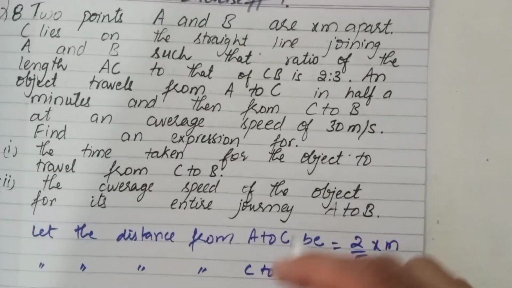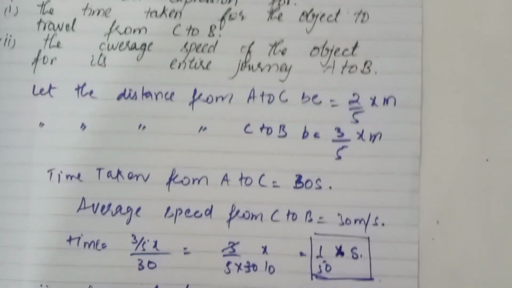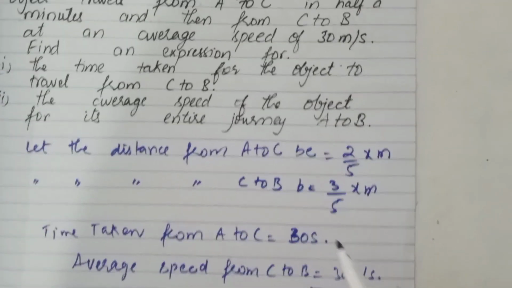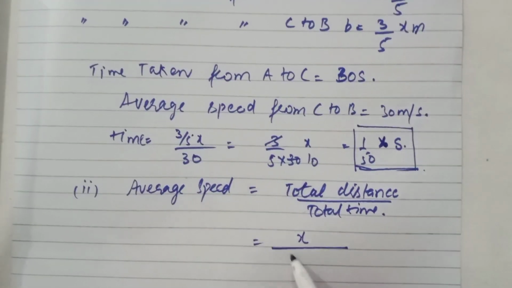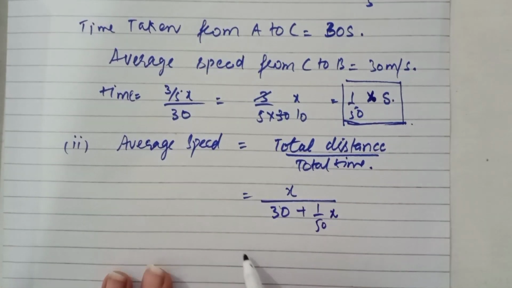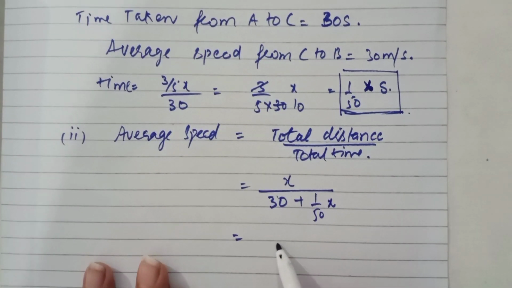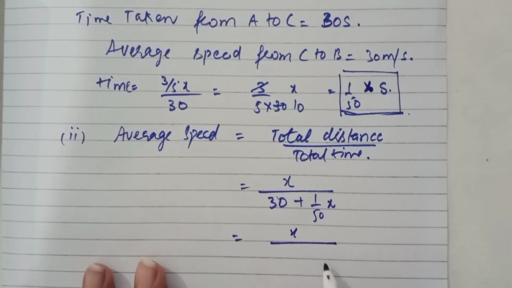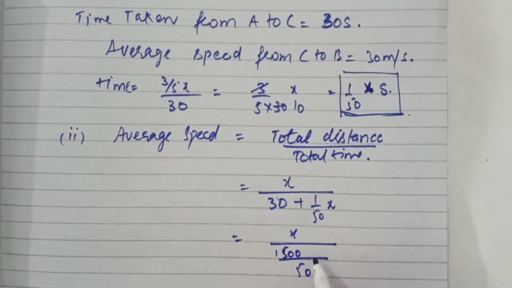We know that the total distance is x, from A to B. The total time is half a minute from A to C, which is 30 seconds, and from C to B we found 1 by 50x. Now we have to calculate it by taking LCM. We get 50 and 30, 150, divided by 3, we get 1500.